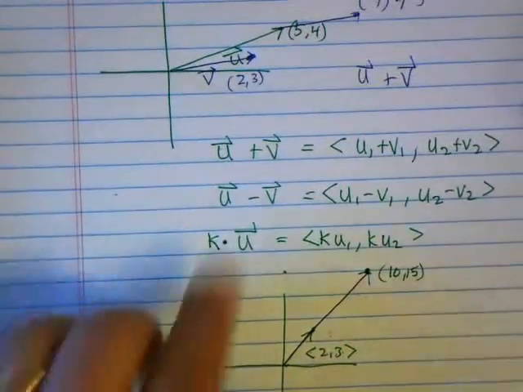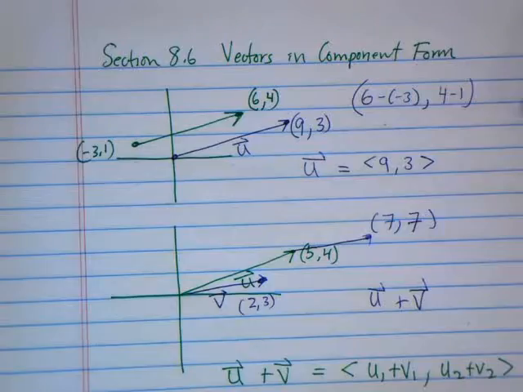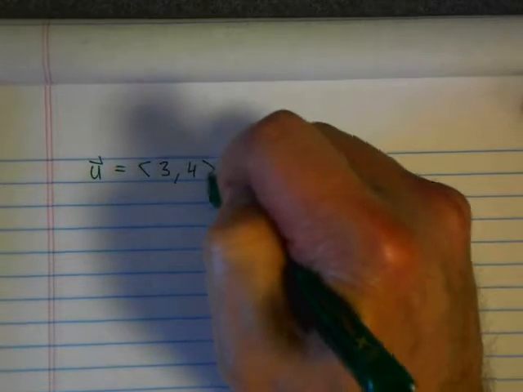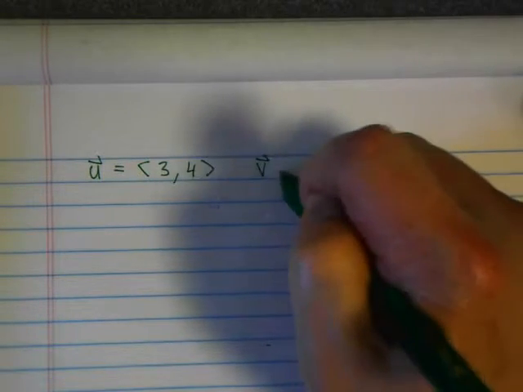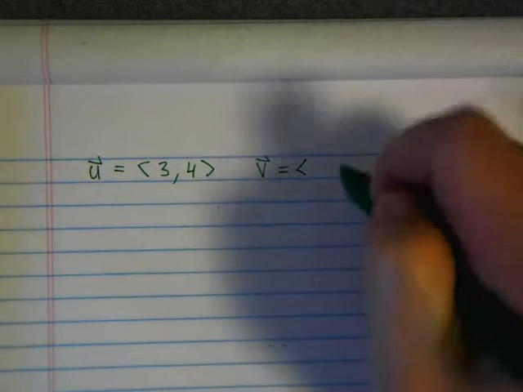Well, adding two vectors together certainly changes the direction. So, that might be a question I ask. I might give you a couple of vectors. I might say vector u is 3, 4, and vector v is, I don't know, give me two nice numbers, 5, 5.